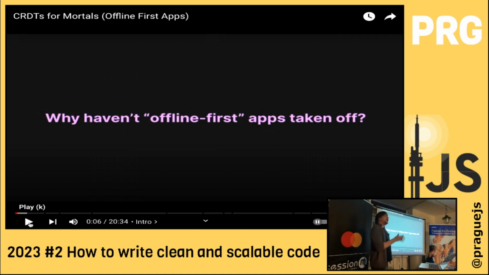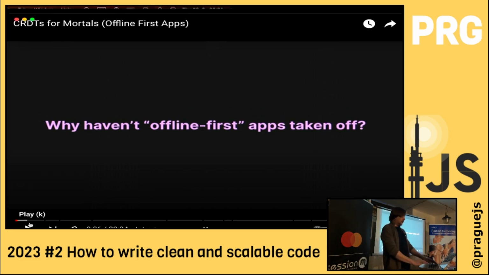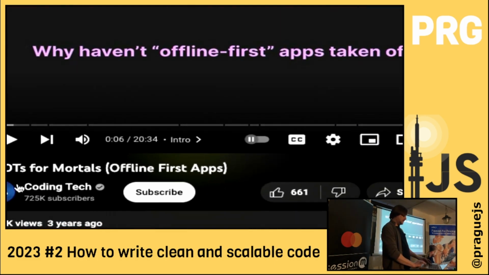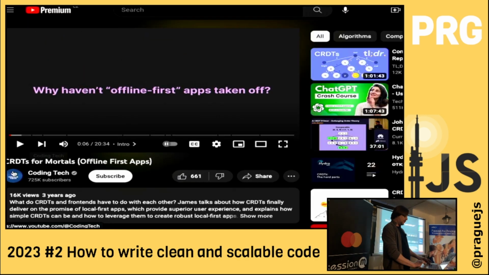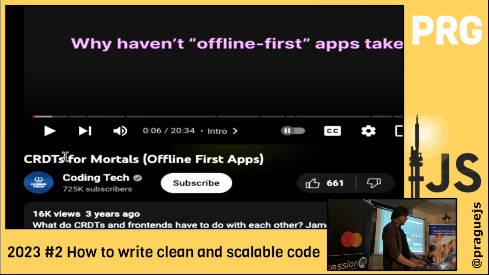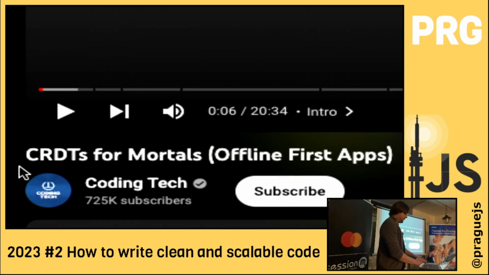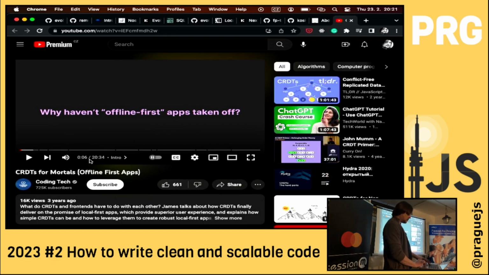And during the development, he made the design of the application and made a talk from that. The talk is CRDT for mortals, for people like me and you. Because CRDT sounds like a super academic topic and you can read dozens of papers about how it works. It's very simple. And this talk, in 20 minutes, explains how.